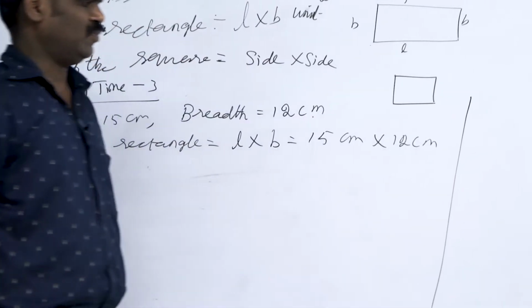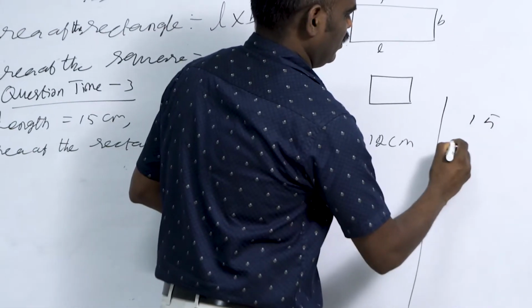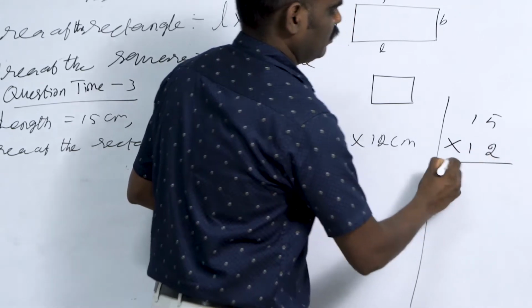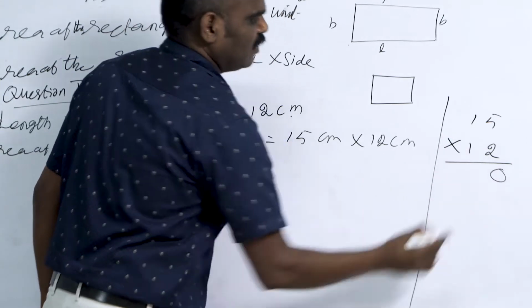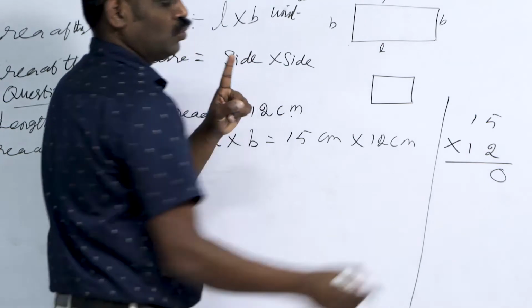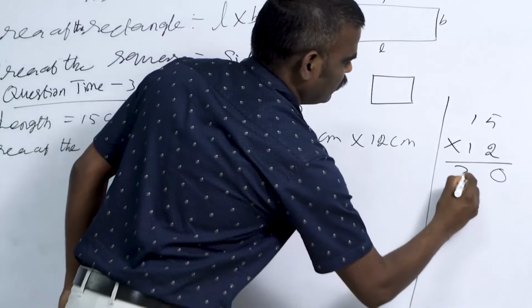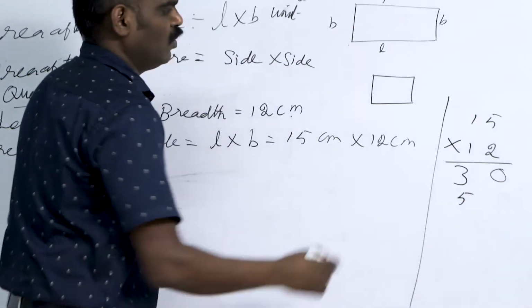You have to multiply separately. In your rough calculation, write 15 into 12. Multiply. 2 5s are 10, 1 remainder. 2 1s are 2, 2 plus 1, 3. 1 5s are 5, 1 1s are 1.